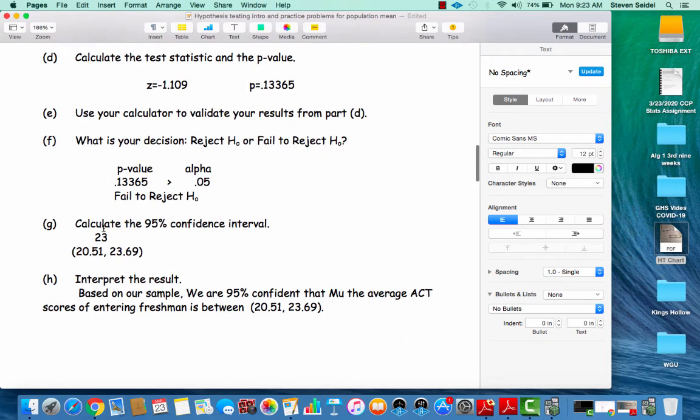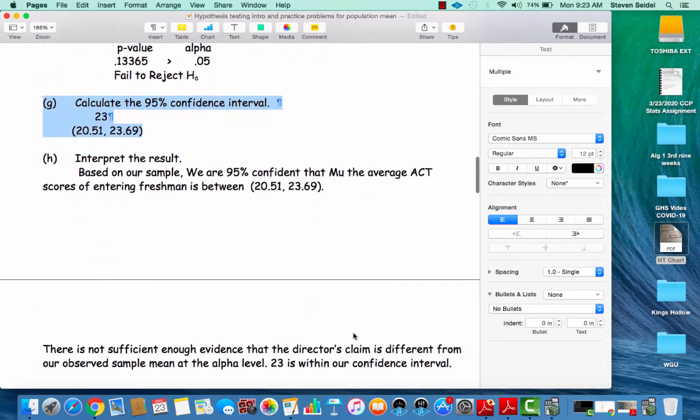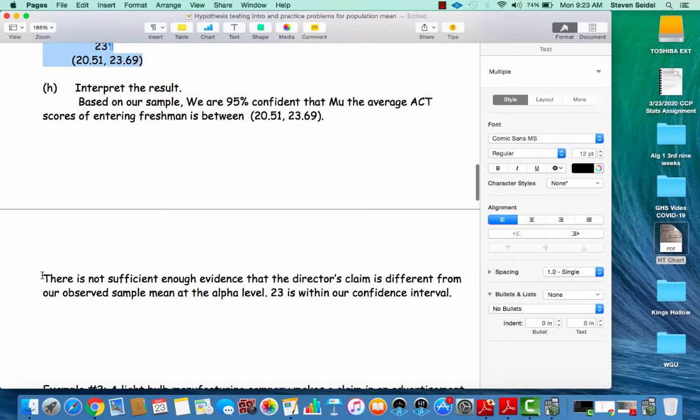Creating an interval, which we did in part G, and then interpret the result based on our sample. We are 95% confident that mu, go back to what we did in the last unit, and then the new interpretation: there's not sufficient enough evidence that the director's claim is different from our observed sample mean.